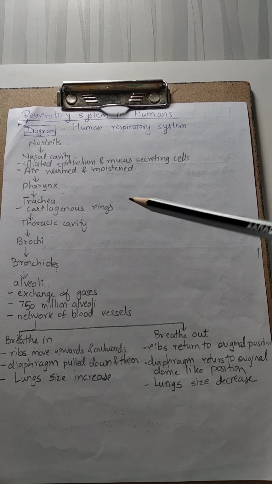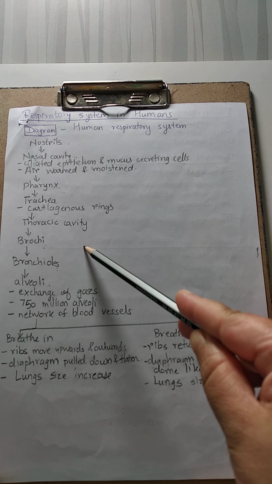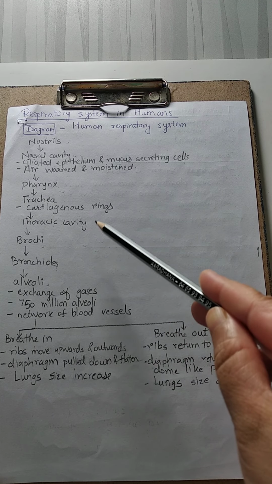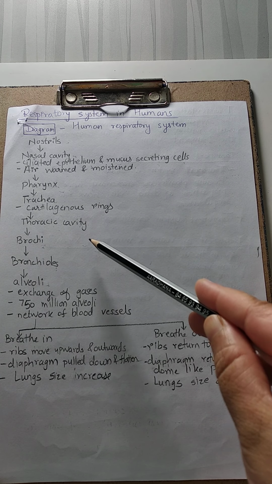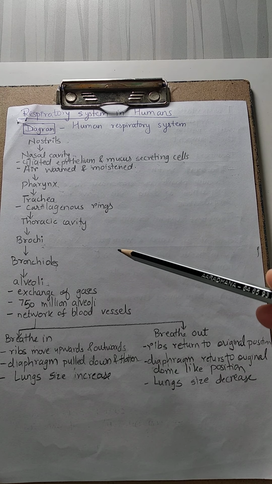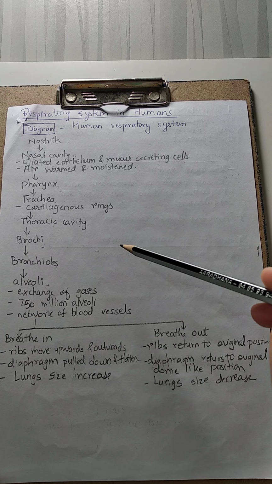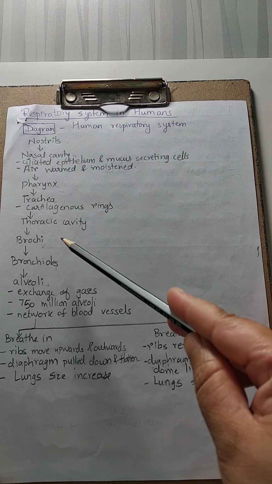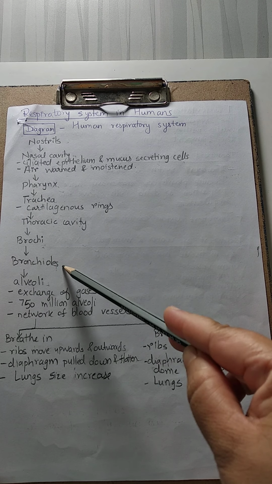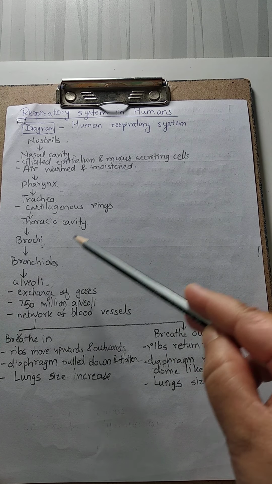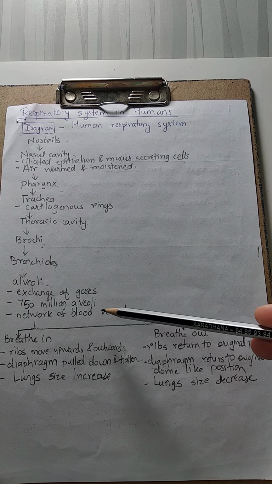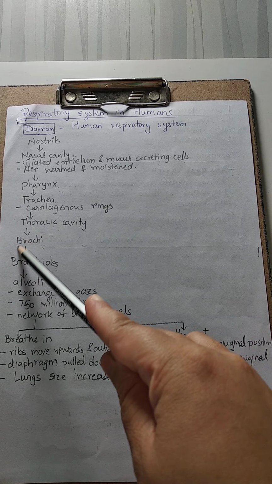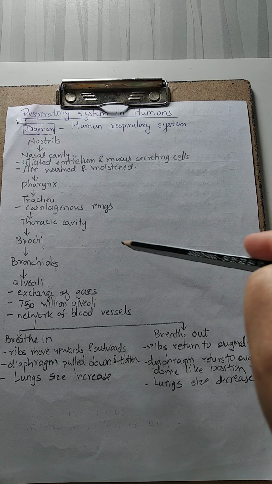Okay, now these bronchi, there are two bronchi present, they enter into two lungs. Now, what are these lungs? The lungs are a pair of spongy, highly elastic and bag-like organs in which bronchi are present, bronchioles are present, alveoli are present, then a network of blood vessels is present. All from here, this complete part is present inside the lungs.